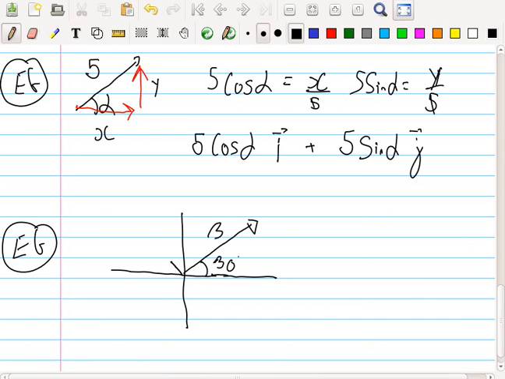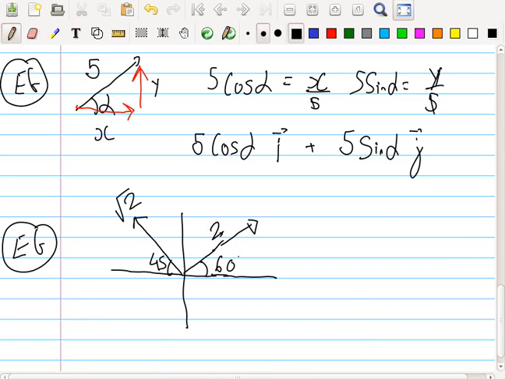And then let's say I have a vector here, and the angle here is 45 degrees, and this is, let's say, root 2. I'll change this a little bit, make it easier for you. I'll make this 60 and I'll make this 2.